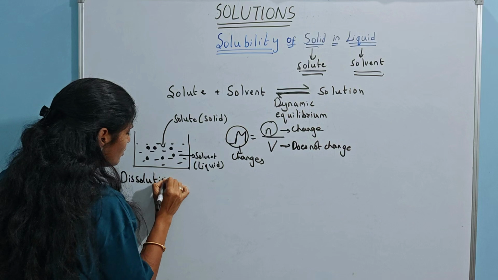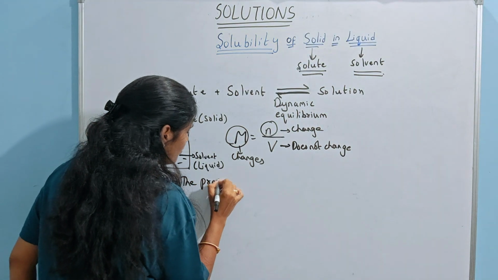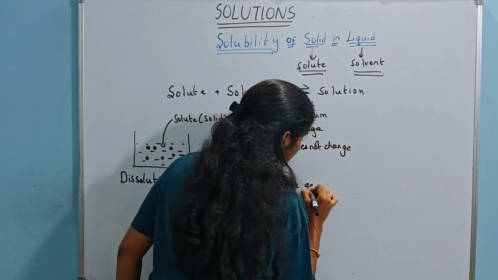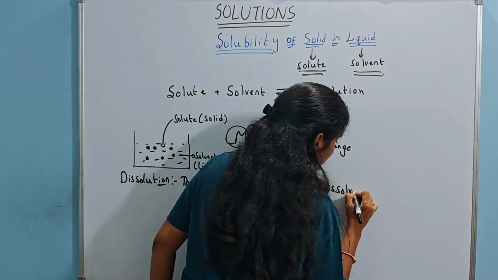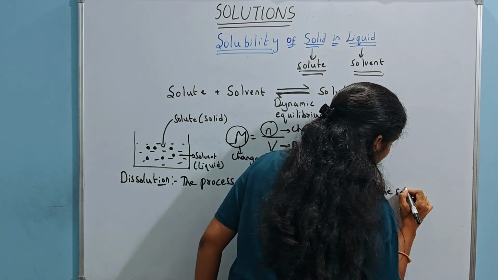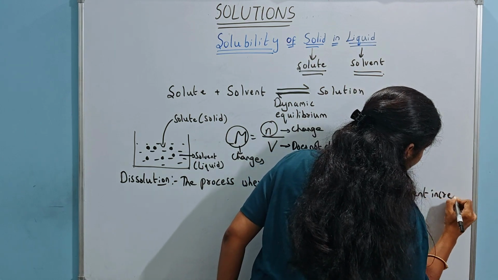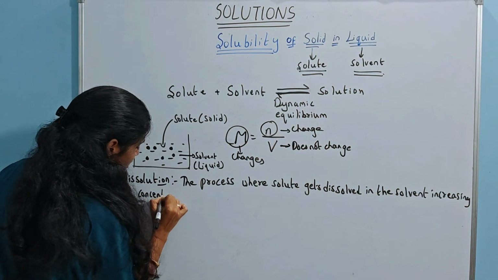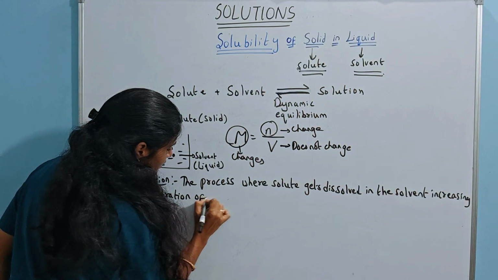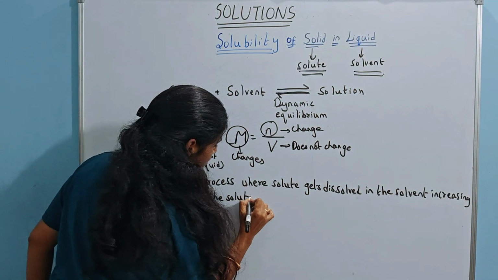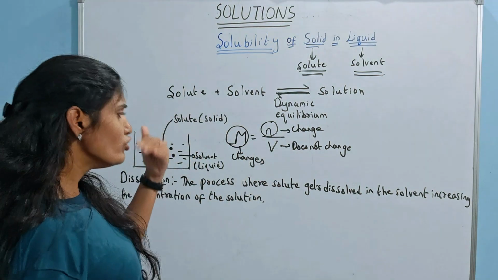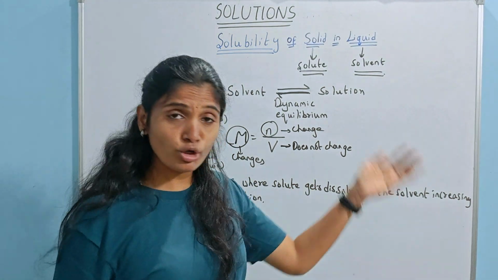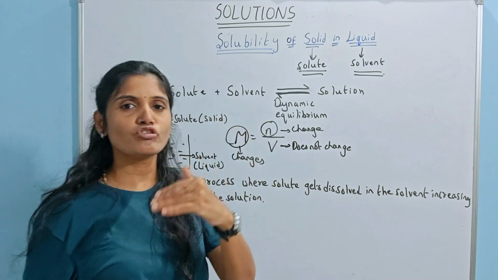It is a process where solute gets dissolved in the solvent, increasing the concentration of the solution. This is my dissolution. Dissolution means solute is going into the solvent, thereby increasing the concentration of the solution.